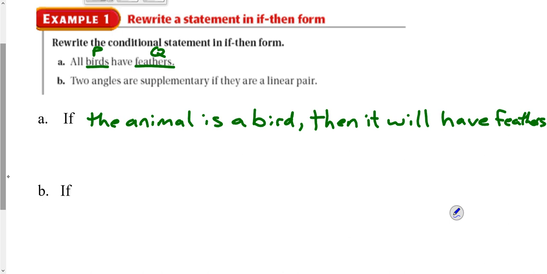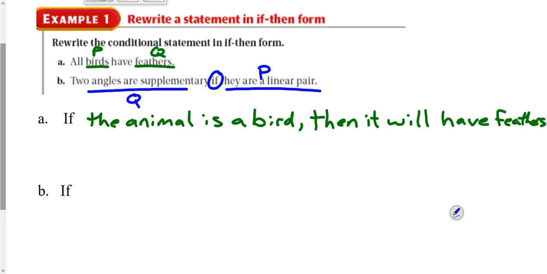So actually we have if right here in the middle. So that tells me that this last part, they are a linear pair, is my hypothesis. That's my if of the if-then statement. So then two angles are supplementary is going to be Q.